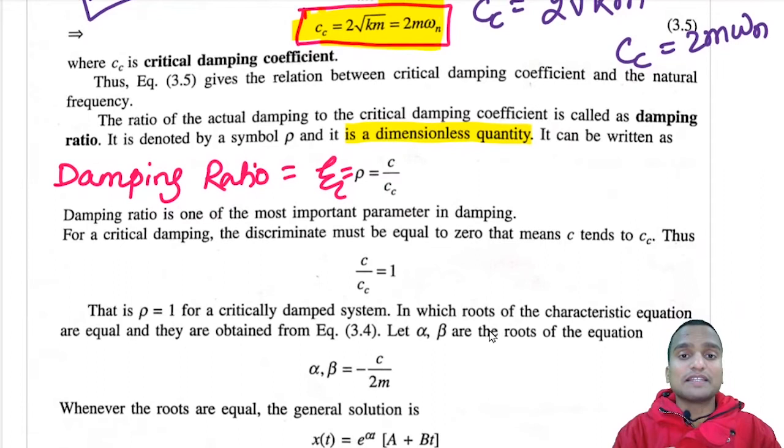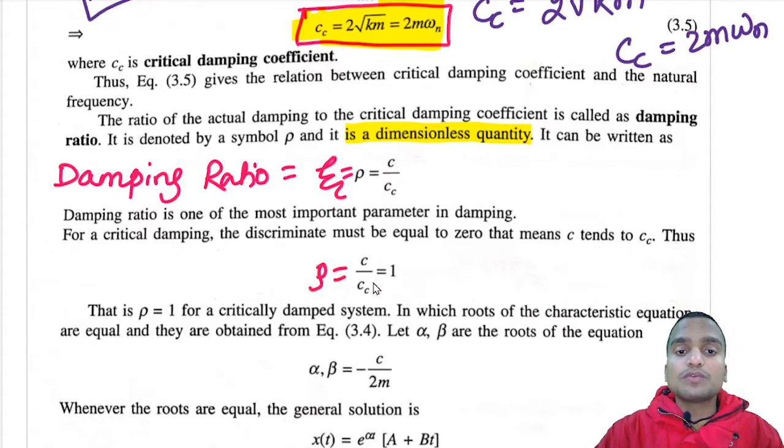So what will happen in case of critical damping? C will be equal to Cc, isn't it? For critical damping, the discriminant value was equal to 0, and that means C is equal to Cc, as we have discussed also. So in case of critical damping, the damping ratio zeta, here rho, is equal to 1.